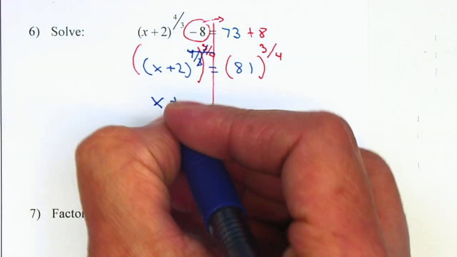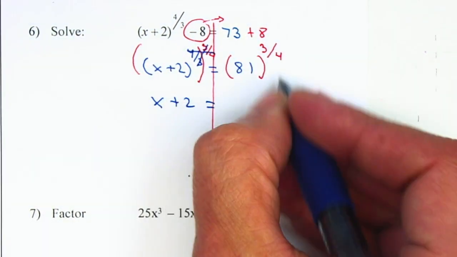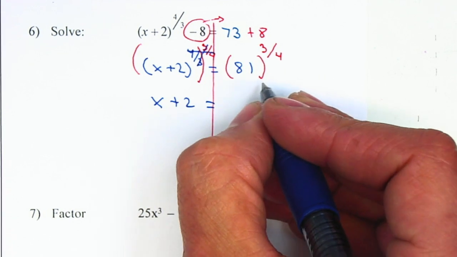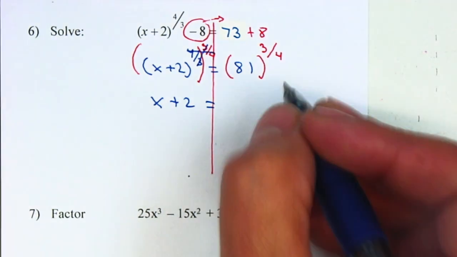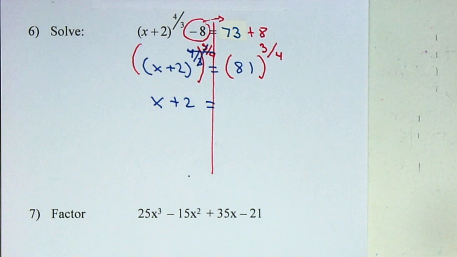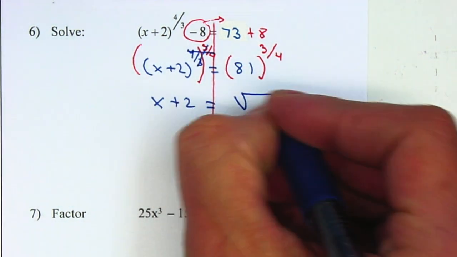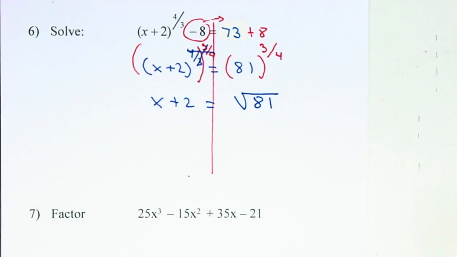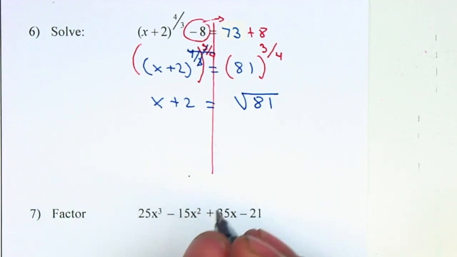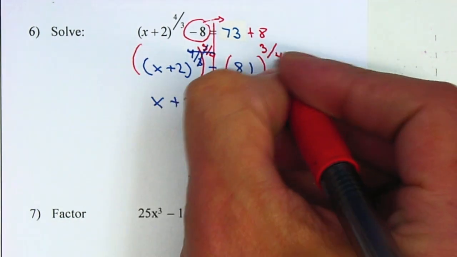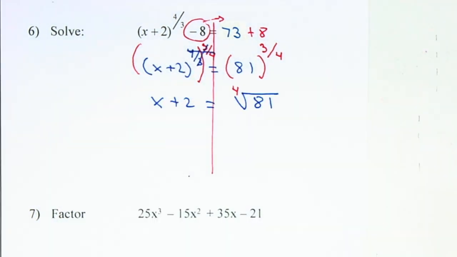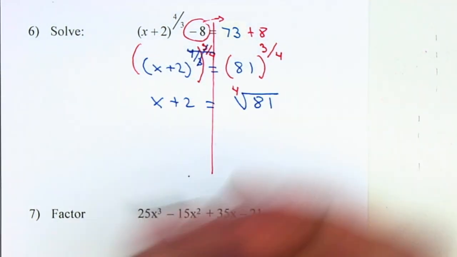I have x plus 2 is equal to, and I want to be able to rewrite this as a radical expression so I can simplify. So I have the radical 81. The 4 is the root, and it's going to be raised to the power of 3.